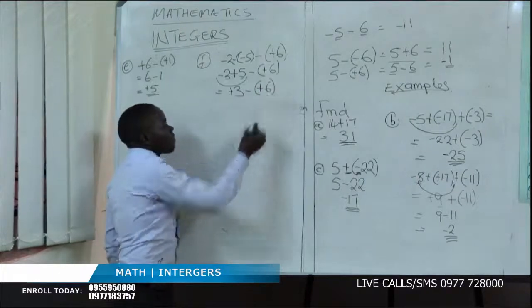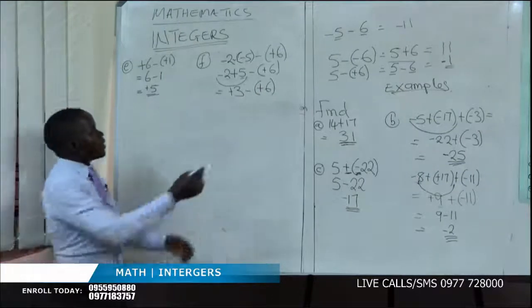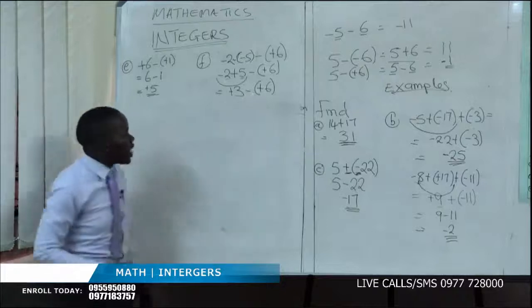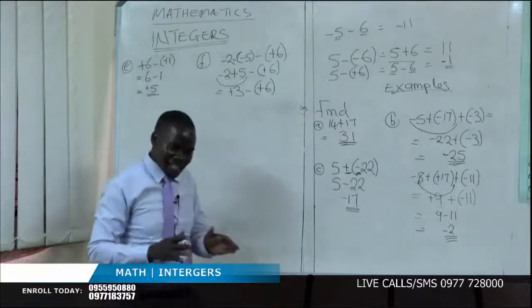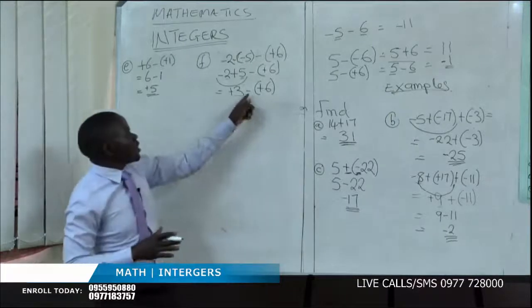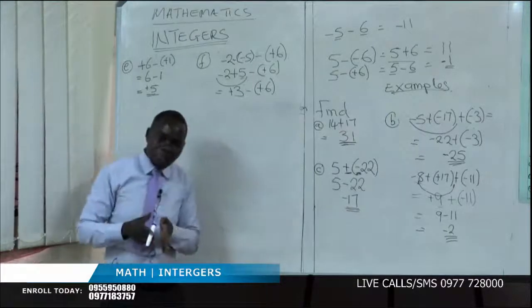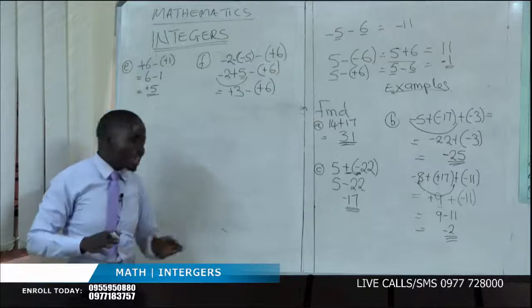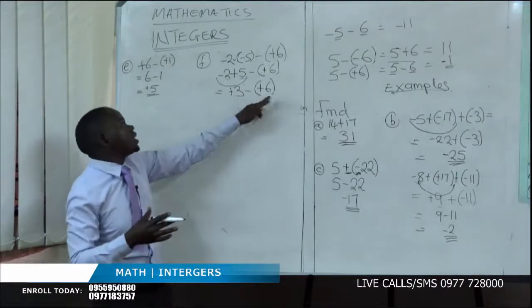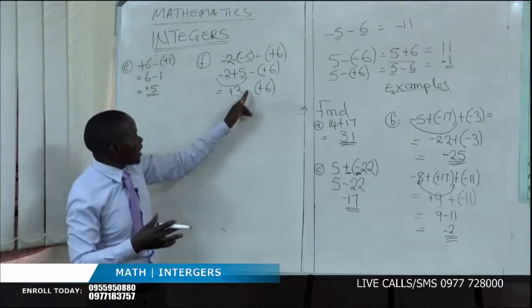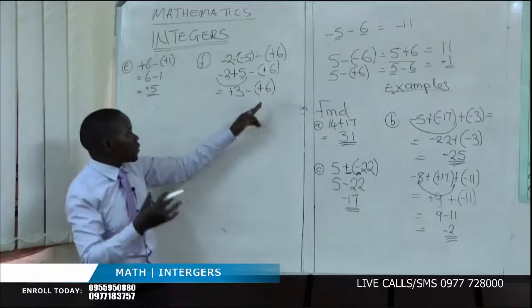positive 6. Again, in the middle there, you have these two unlike signs. Do not forget, when you have got unlike signs, make sure that these will result to negative. And when you have got like signs, it will result to positive. Meaning that once you have got negative, negative, it will be positive. Once you have got negative, positive, it will be negative.